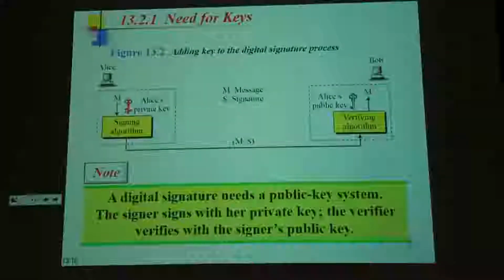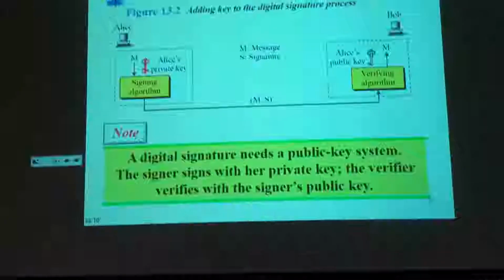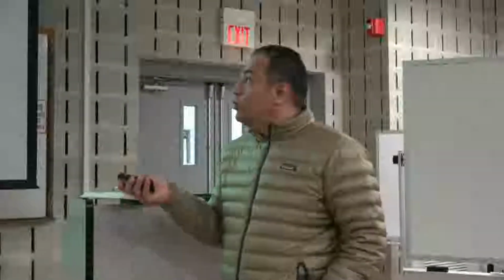When the message is received, with Alice's public key, Bob will be able to verify the signature. The signature is a file, right? It is another message. If you can decrypt it with the public key, then that verifies it. All right? Remember before, this is an asymmetric key, public and private key. For encryption, what did we used to use?